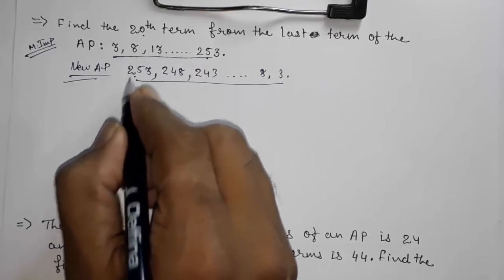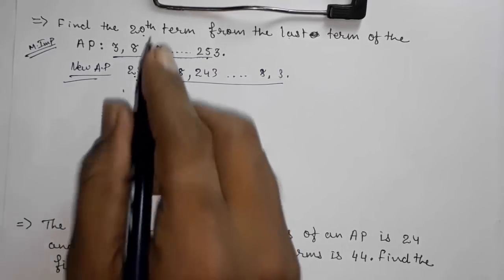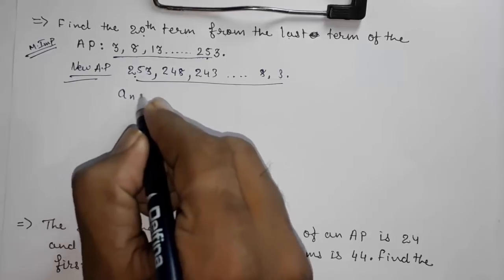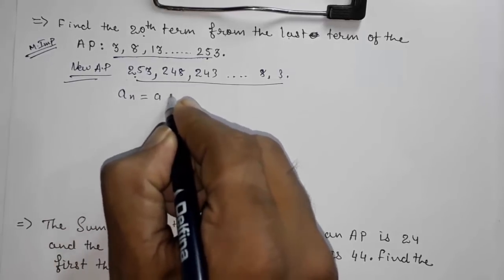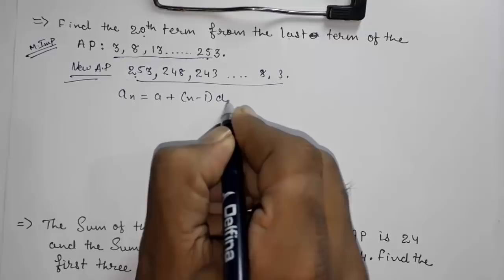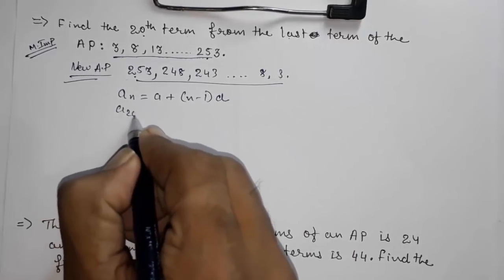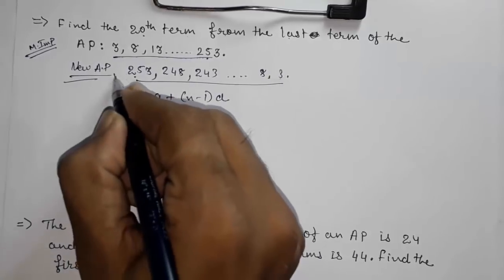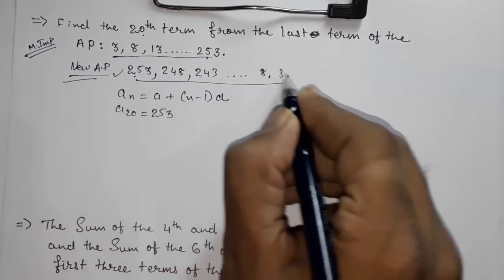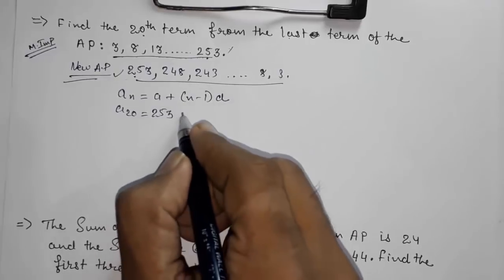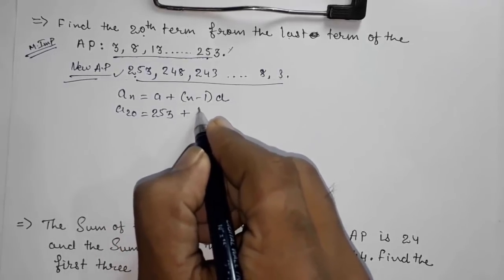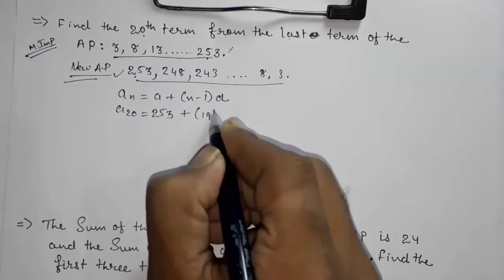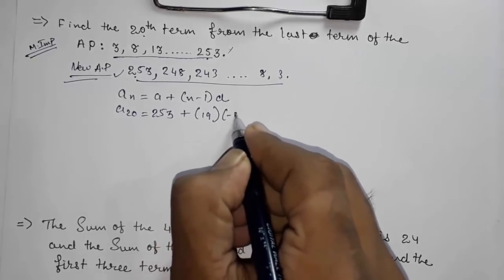Now we can find it. A will be this number, and we want the 20th term from the last. So an is equal to a plus n minus 1 into d. Directly we have to find a20. A will be 253. This is our new AP, so we take numbers from this only and forget the old one. 253, and 20 minus 1 is 19, and the difference will be minus 5.